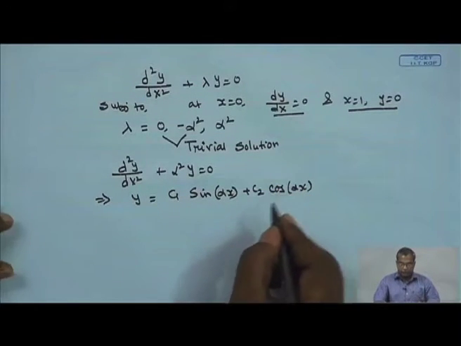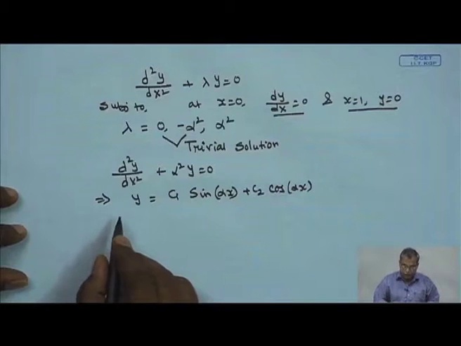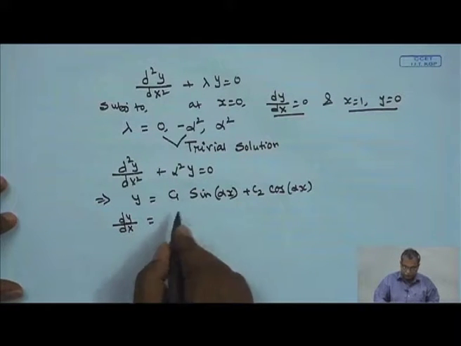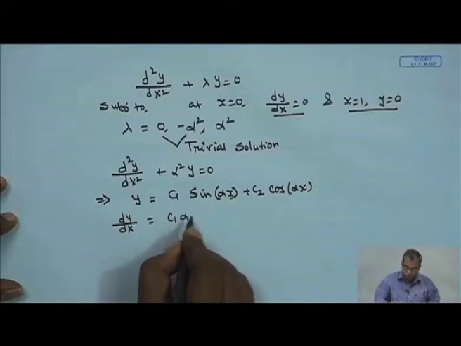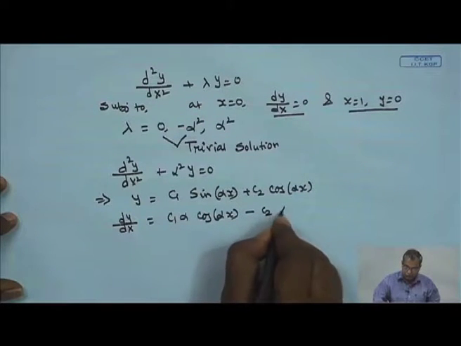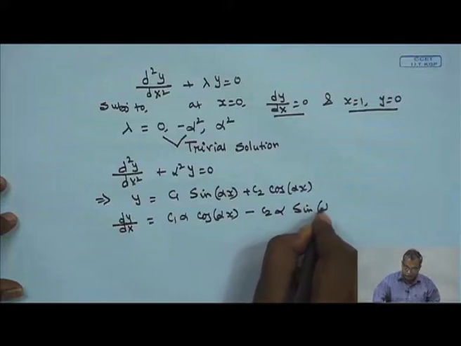Now, let us write down the first boundary condition, at x equal to 0, dy dx equal to 0. Therefore, we take the derivative of y with respect to x.